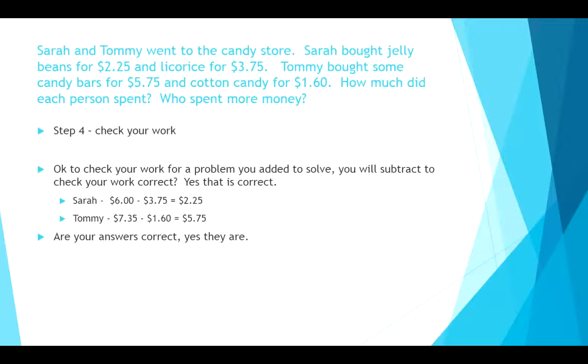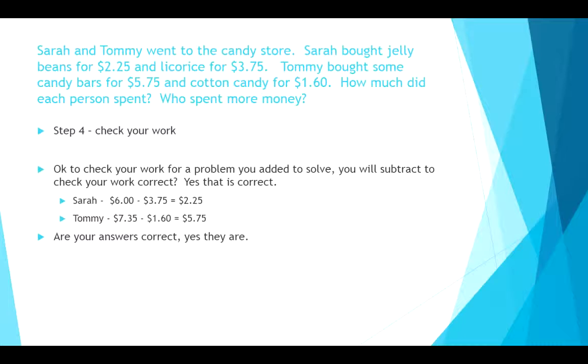I chose the $3.75, which leaves $2.25, the other amount she spent, for jelly beans. Tommy spent a total of $7.35, and we're going to subtract the cotton candy, which was $1.60, which should leave us with the candy bars, which was $5.75. So are your answers correct?